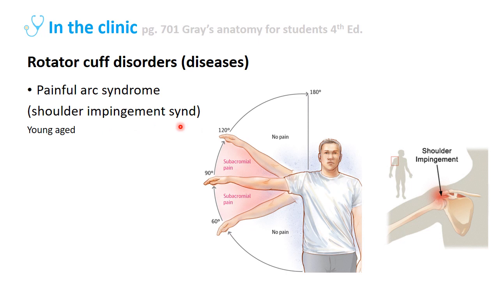Shoulder impingement means that the supraspinatus muscle, as it passes from its origin at the supraspinous fossa to its insertion at the greater tubercle of the humerus, passes through a narrow tunnel formed by the bone of the acromion and the coracoacromial ligament. This narrow tunnel is fixed.